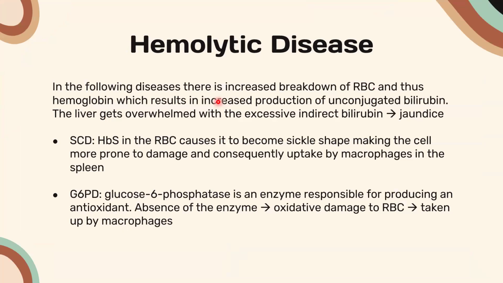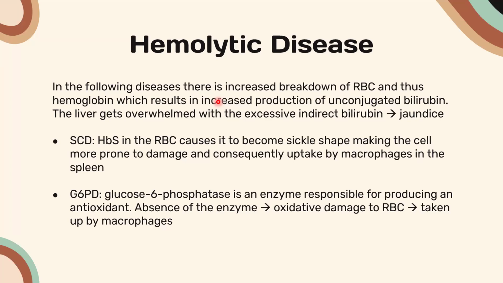So just to get hemolytic disease out of the way, essentially if a patient has a type of hemolytic disease, which includes sickle cell disease, glucose-6-phosphate deficiency, or hereditary spherocytosis, there is an abnormality in the red blood cell, which means that instead of being broken down after 120 days, they get broken down earlier because of that abnormality.